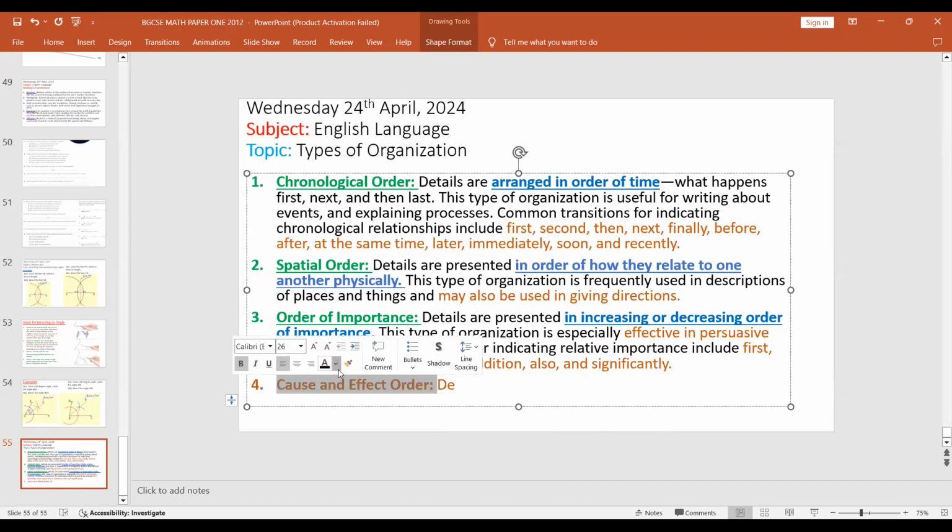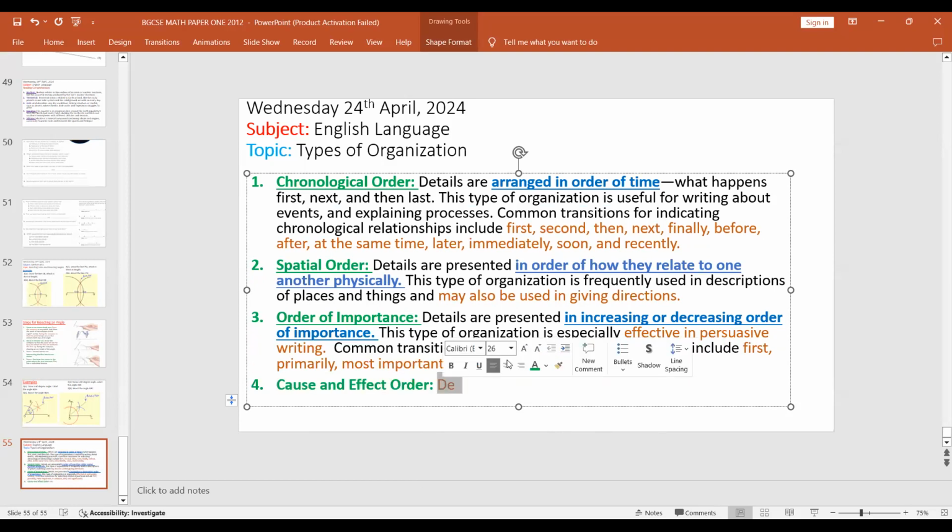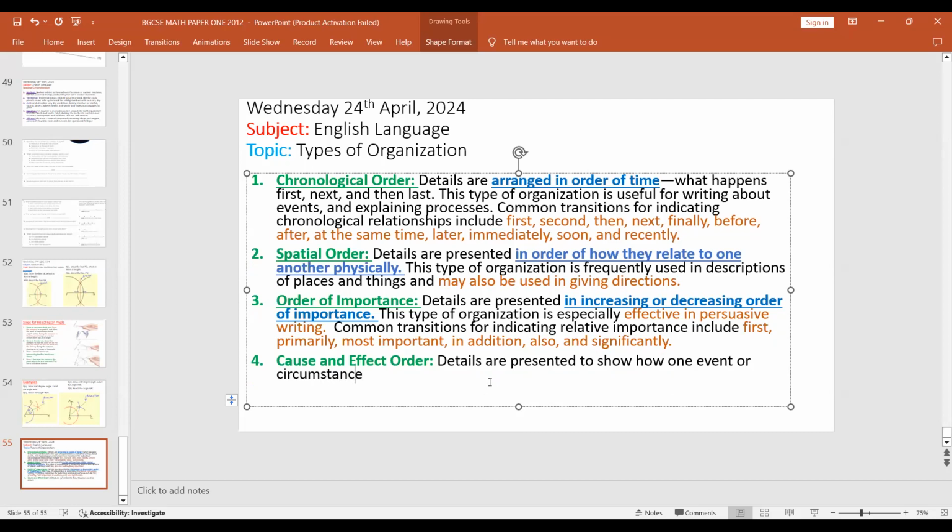In this type of organization, details are presented to show how one event or circumstance leads to or is the result of another circumstance.